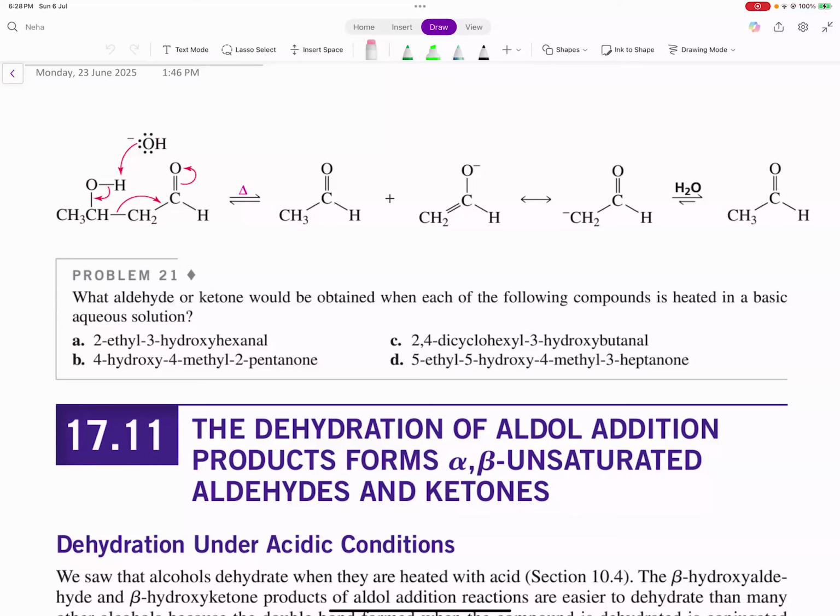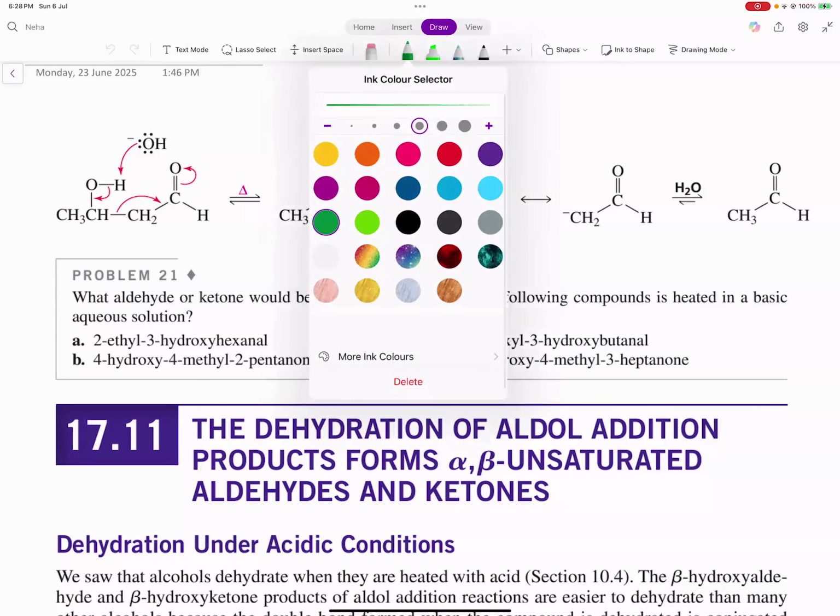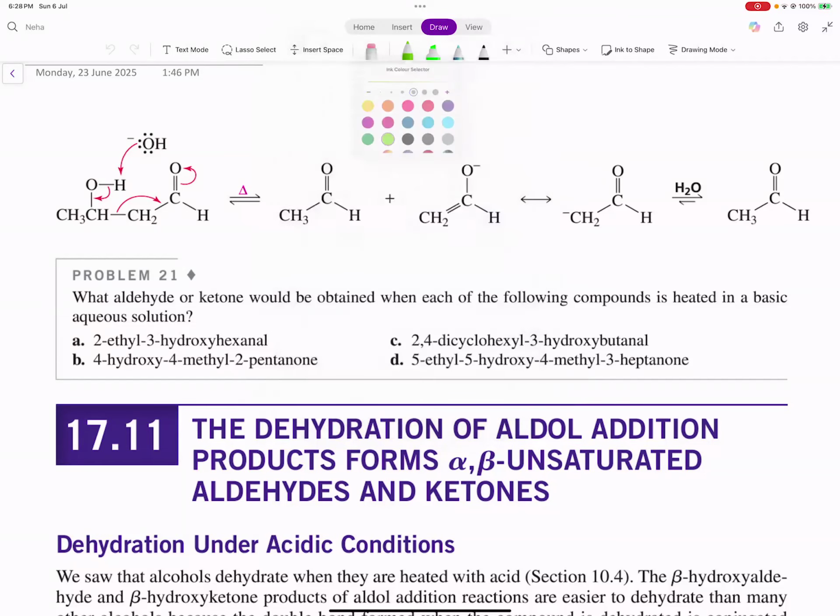Okay, and also we can do like this. I mean, you can break from here. Just keep it green. Just break it from here. Saturate this one, I'll get CH3CHO, and also convert this to the corresponding aldehyde. You'll get CH3CHO.